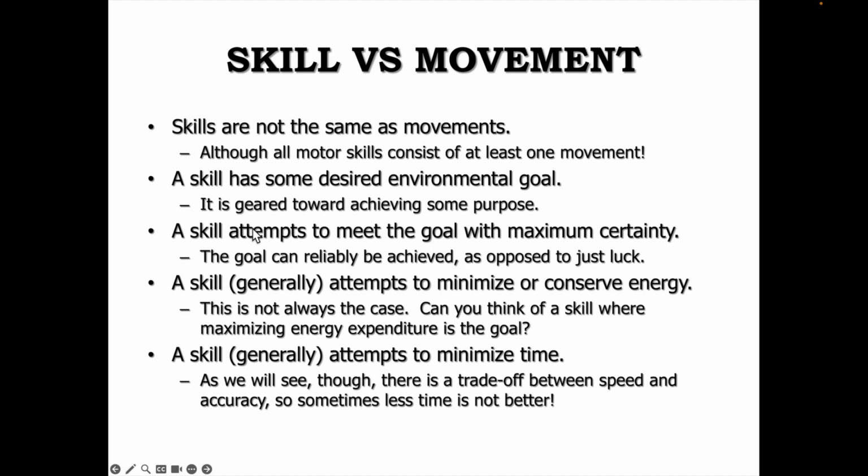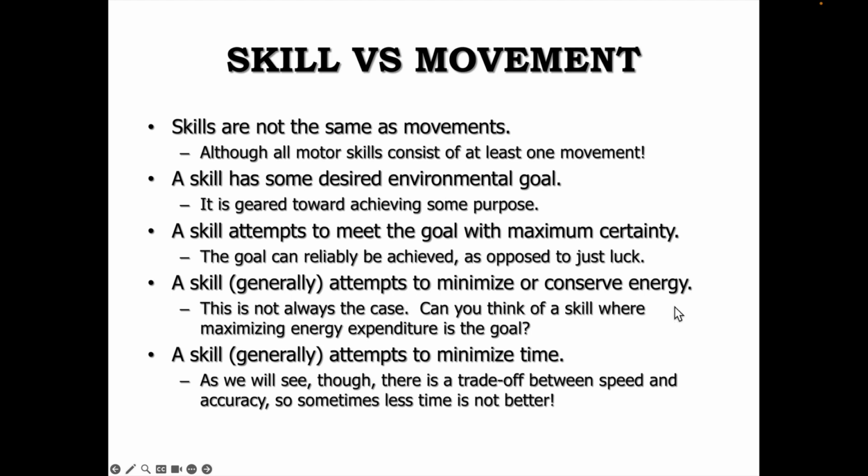A skill, number 2, attempts to meet this goal with as much certainty as possible. So again, it's not just randomly we're successful with the skill. We're trying to achieve some sort of specific goal, and we're trying to execute it with as much certainty as possible. A skill generally attempts to minimize or conserve energy.